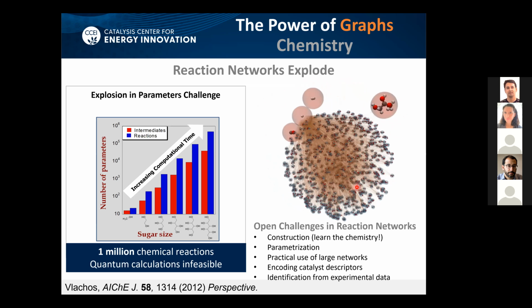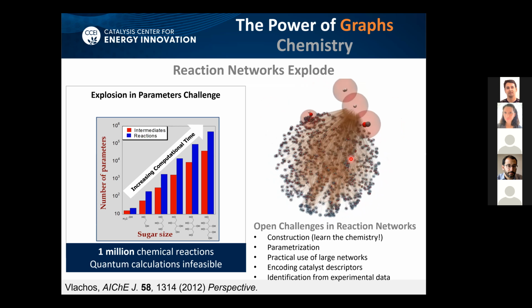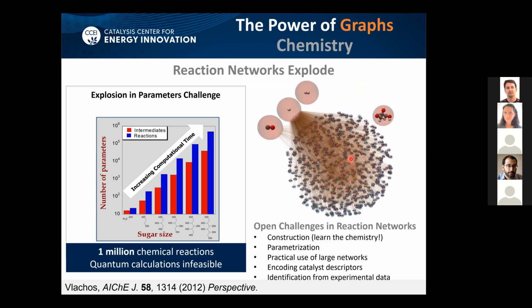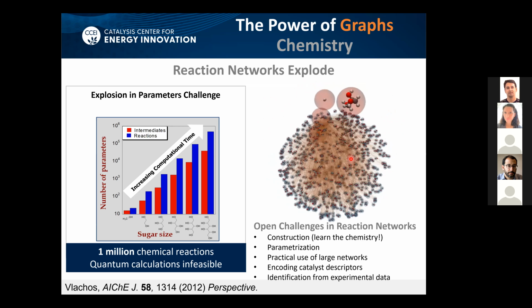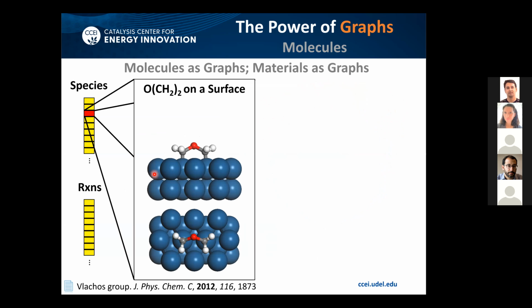It's first principles based, and I can start having more accurate or predictive reaction networks. Still, of course, the parameterization of these large networks is a challenge. So to do that, I'm going to start looking at the molecules. And the molecules themselves can be thought of as a graph. So this is a slab of a platinum crystal, and you can see here a dehydrogenated ether.